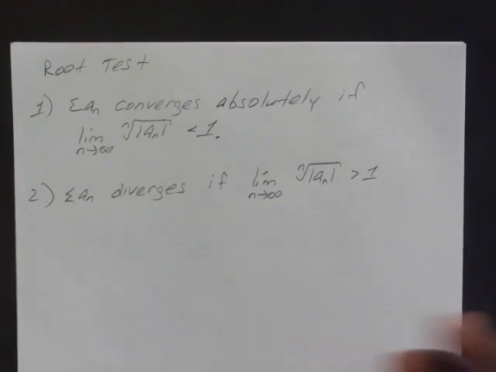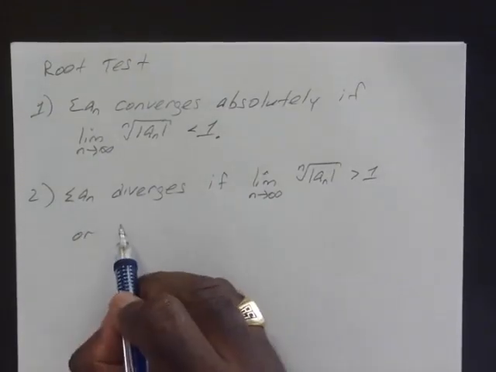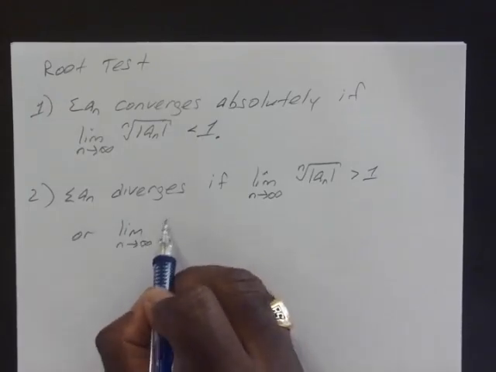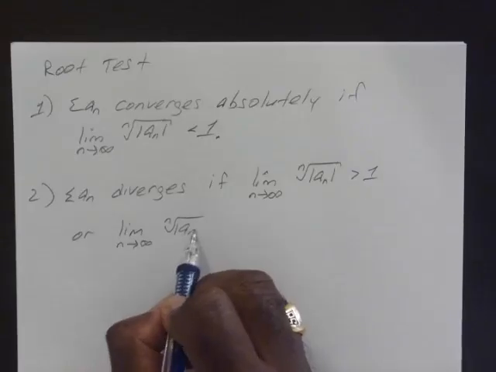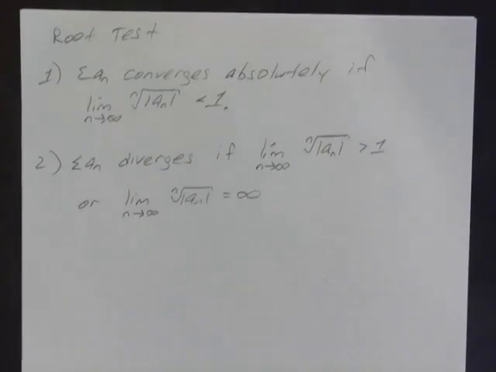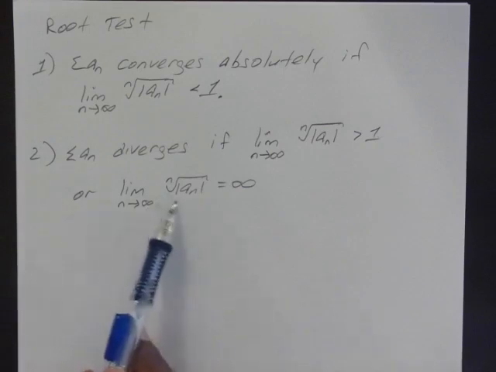So you don't have to write the infinity since infinity is greater than 1, but I just like to write it anyway. The limit as n approaches infinity of the nth root of n is equal to infinity. I know it's kind of redundant, but I just feel better when I write the infinity one.